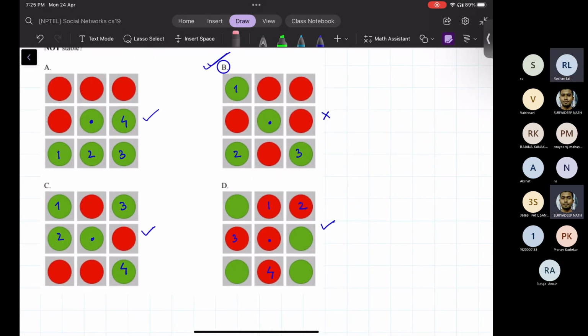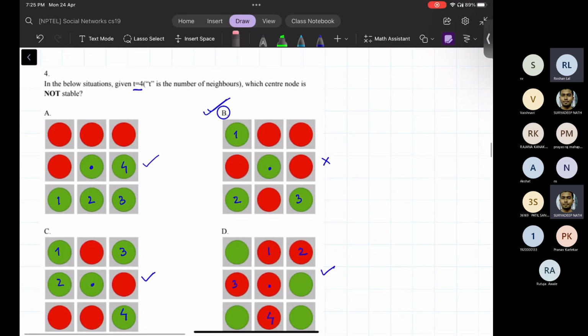But in the previous question, sir, we have done, for example, according to the definition of a Schelling model, option B is the right answer. It means that is stable. No, no, B is unstable. The center node is green and green has only three similar neighbors, so it is below threshold, which means unstable.